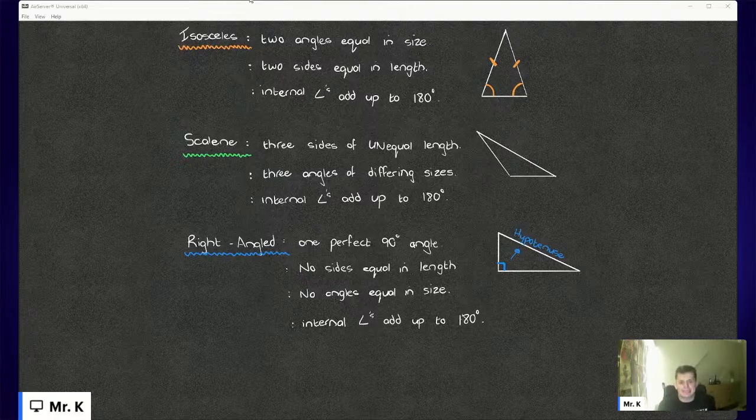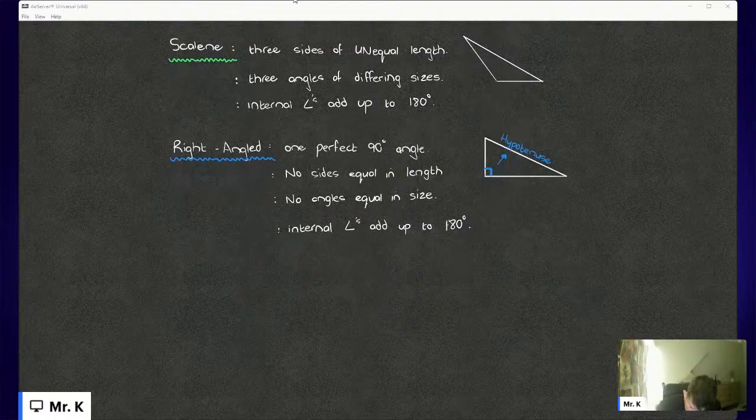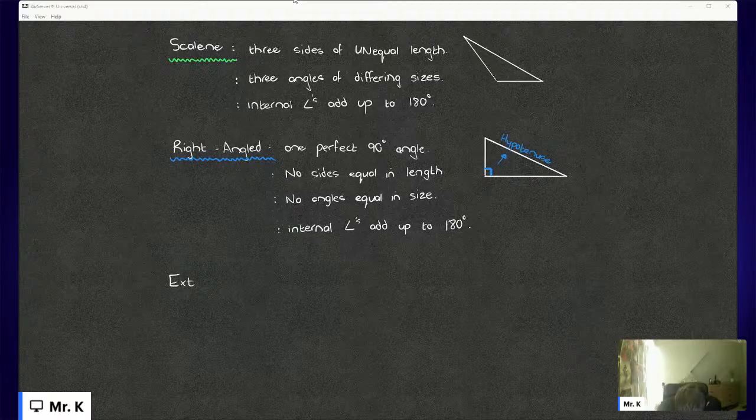All right. Now, we're going to quickly discuss the concept of an exterior angle. Again, I'm not going to go into this in depth because we'll practice this as soon as we start doing a bit more of a deep dive into the world of geometry. But what do we need to know about external angles?